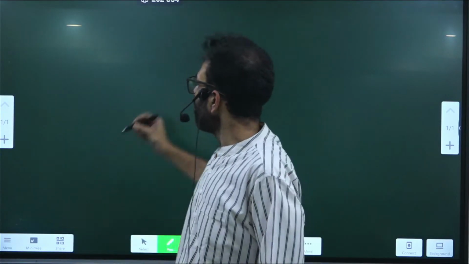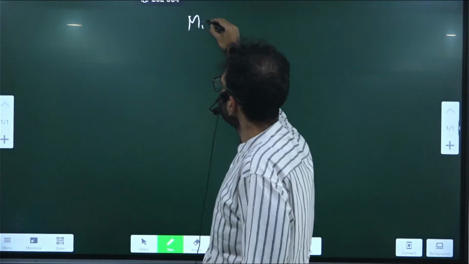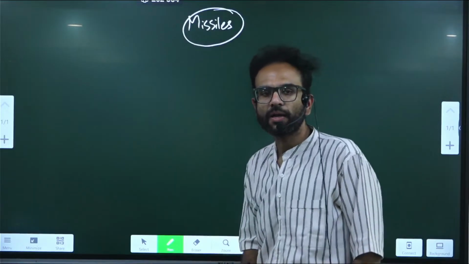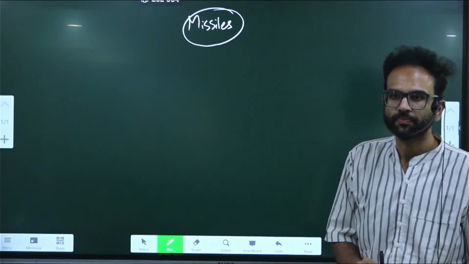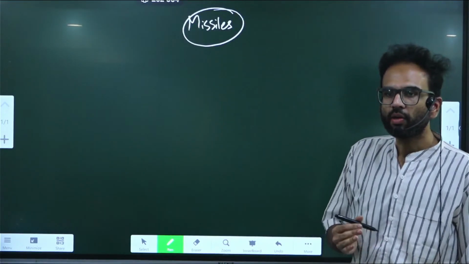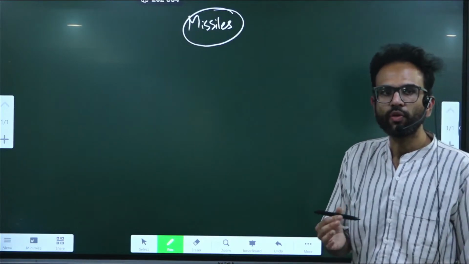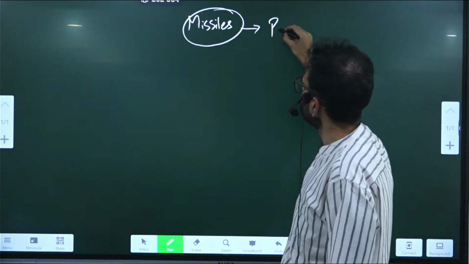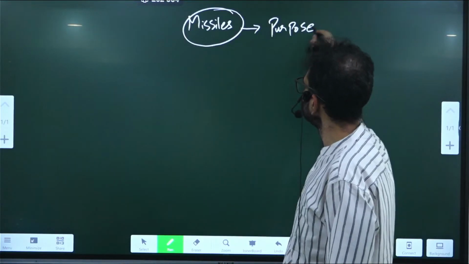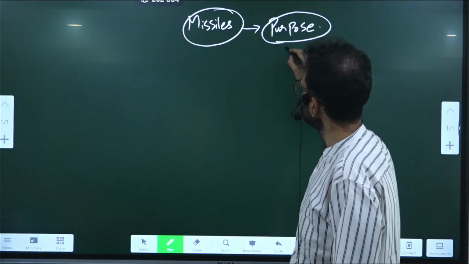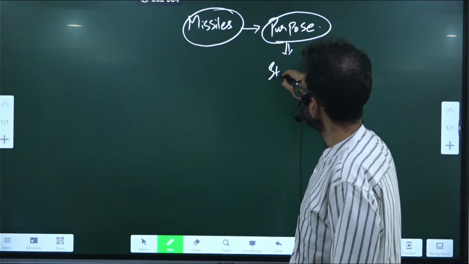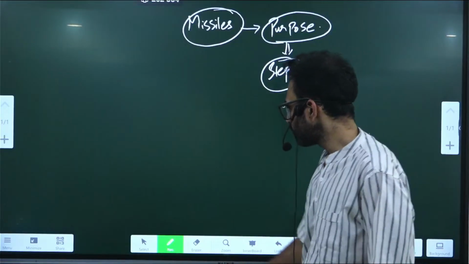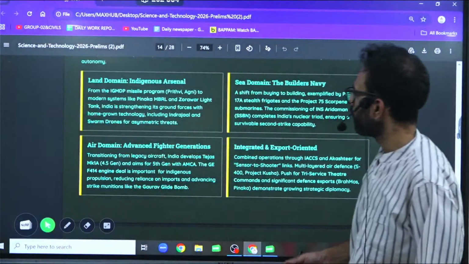Okay, in that, the first set of technologies is purely from the standpoint of missiles. So when we are talking about missiles, you have to know what is the purpose of a missile and what are the various steps that are involved in missiles. For this, let me show what we are trying to do.